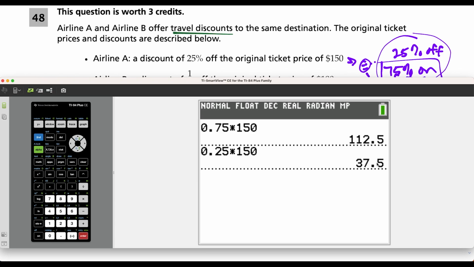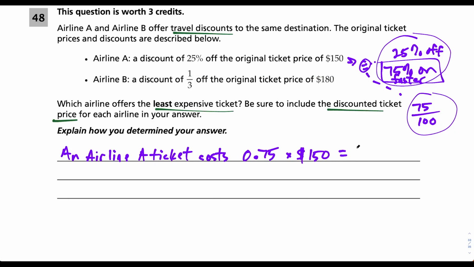And when you see the discount here, we're just going to do the original price, 150, and subtract the discount here of $37.50. And notice that we get the exact same answer of $112.50. But once again, I like to just multiply by the percent on, because it gives me the answer in one direct shot. So an Airline A ticket costs $112.50.